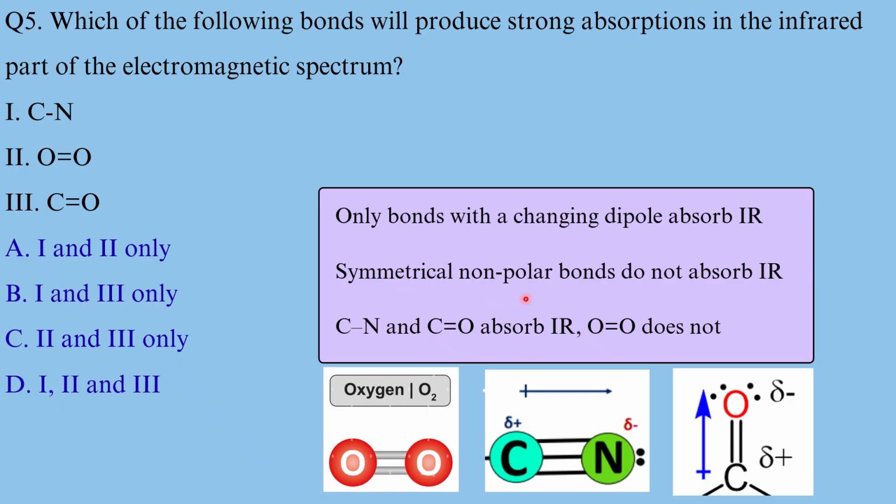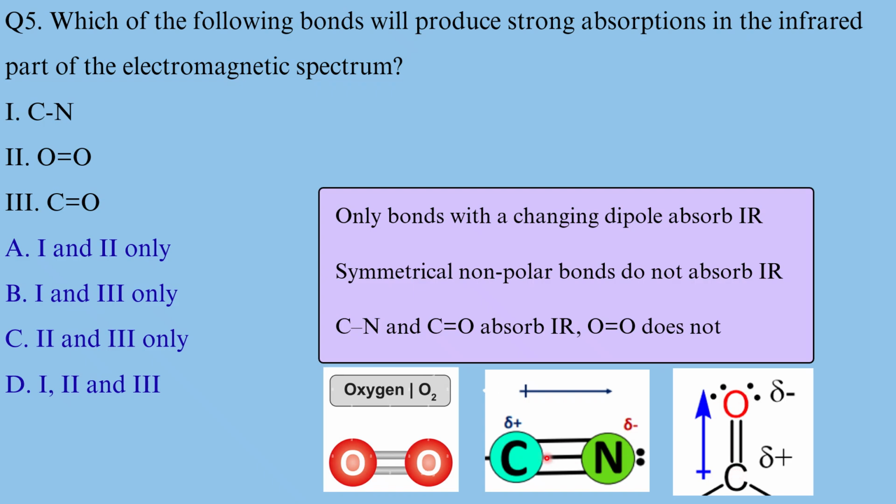Symmetrical and non-polar bonds do not show IR absorption. When we look at the options given here, we have an oxygen-oxygen bond, a carbon-nitrogen bond, and a carbon-oxygen bond. We can clearly see that in the carbon-oxygen bond there is a dipole, induced because of the difference in electronegativity of these two atoms.